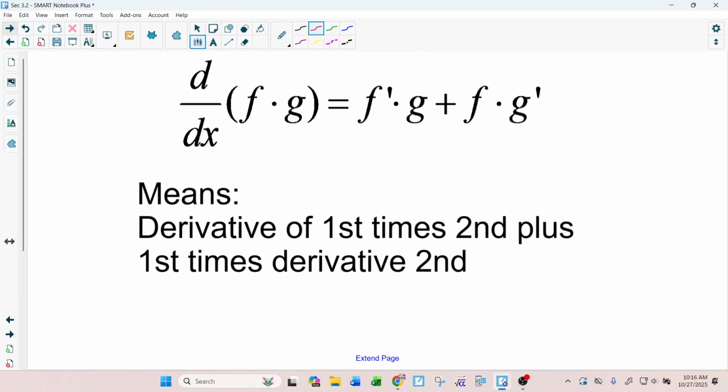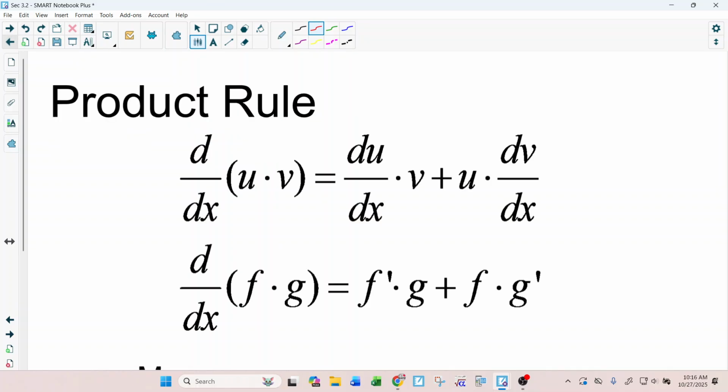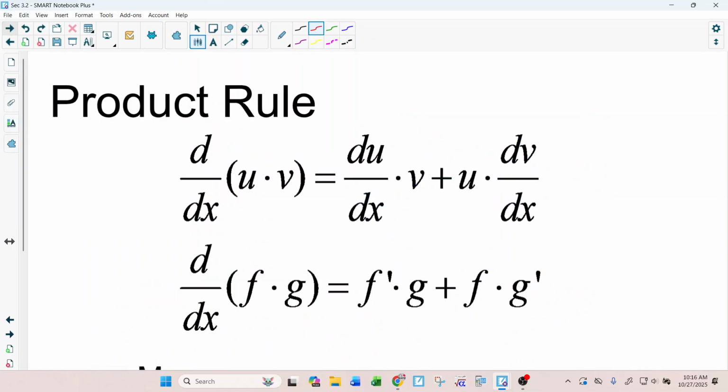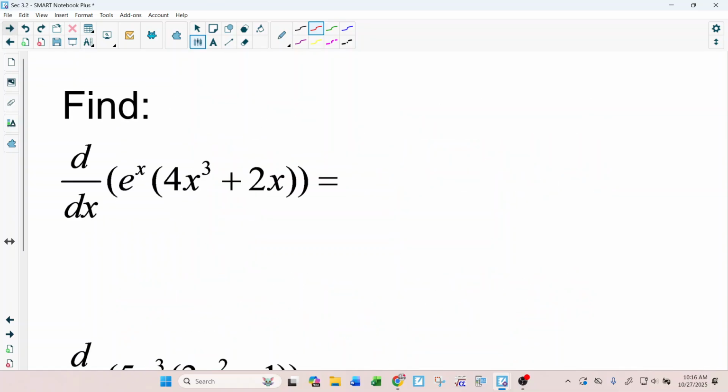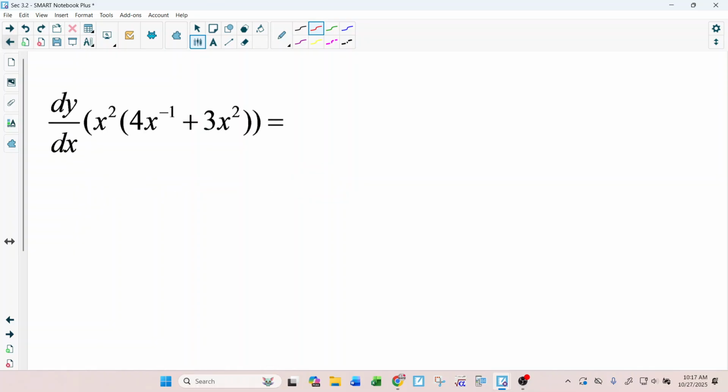So let's just do some more. Here: x squared times the quantity 4x to the negative 1 plus 3x squared. Now, on both of the ones we looked at, technically here, you could distribute that through and not use the product rule. Just like here, we could FOIL this and not use the product rule. But as we look at some of these as we get going, when you have something like e to the x, or you get something with a trig function or something, right?